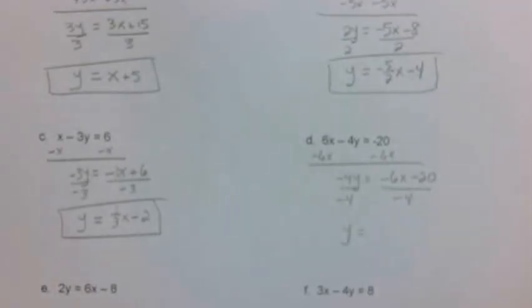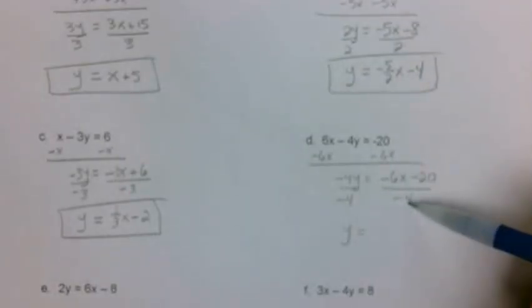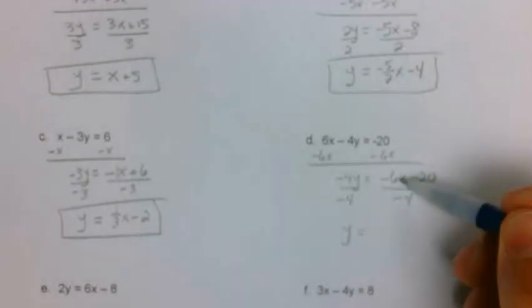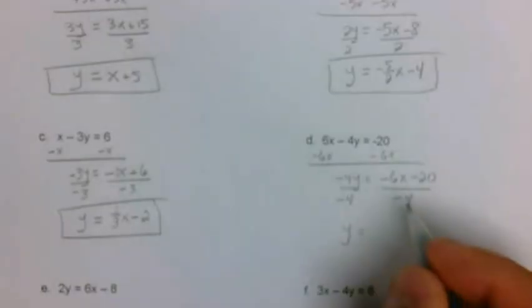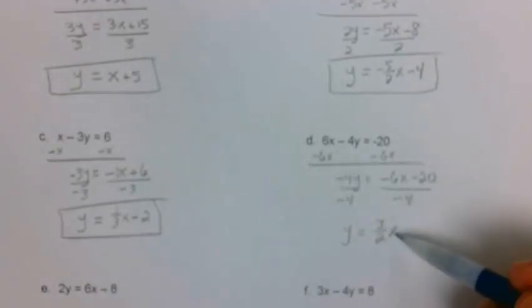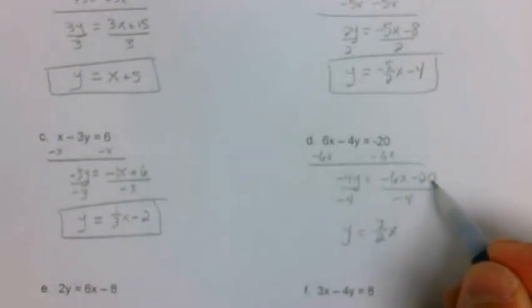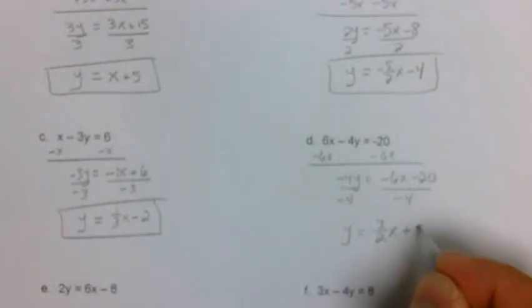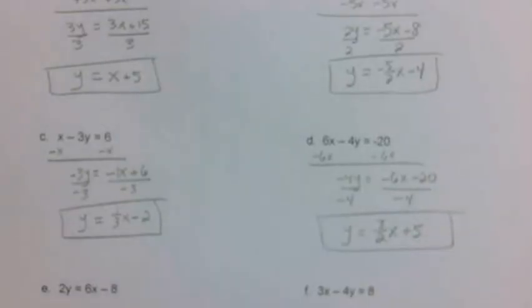And it equals, all right, negative 6x divided by negative 4. Negative divided by negative is positive. And then we're going to have 6/4 x. But 6/4 actually simplifies down to 3 halves. So we're going to have 3 halves x. And then negative 20 divided by negative 4 is positive 5. So y equals 3 halves x plus 5 would be our equation in slope-intercept form.